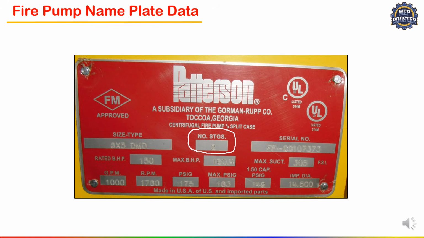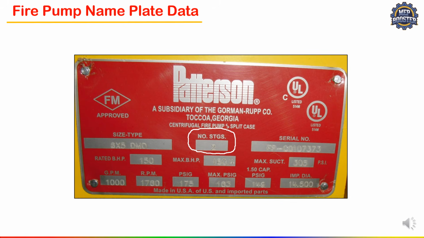Now here you can see the fire pump nameplate data. Try to understand. The nameplate data on a fire pump provides essential information about the pump specification, performance and operational requirements. This information is crucial for proper installation, maintenance and operation.